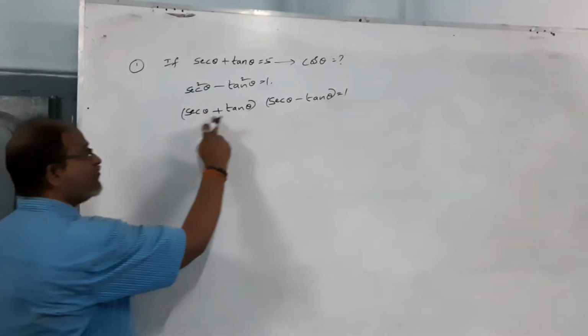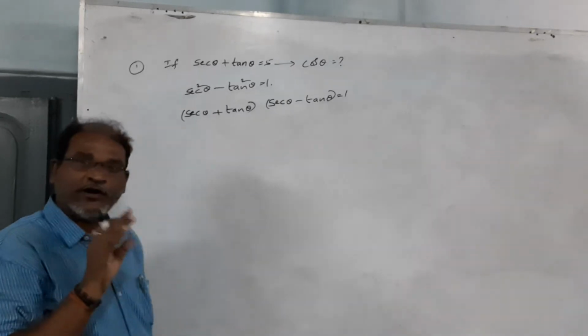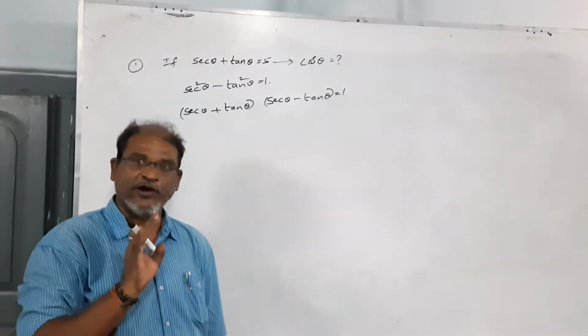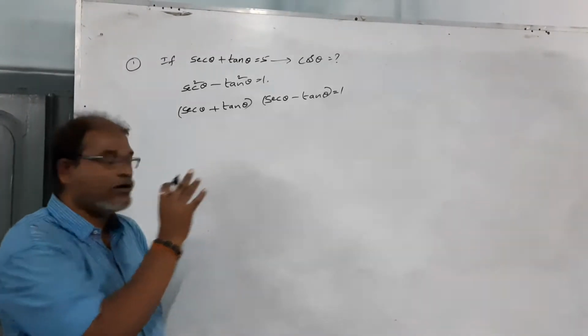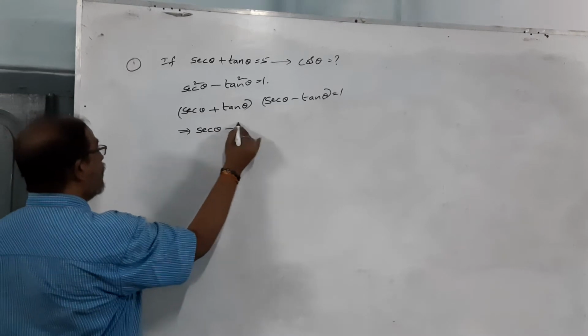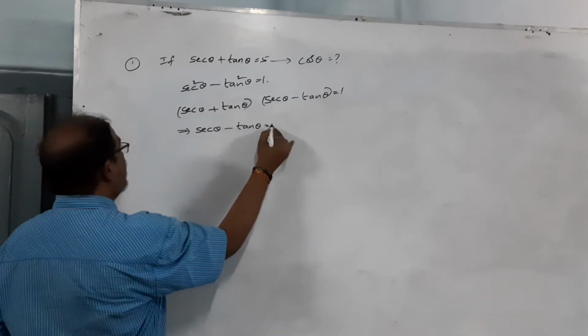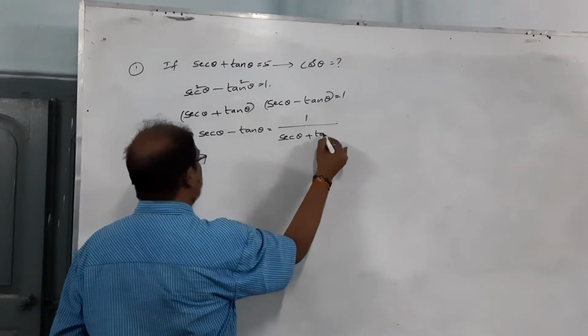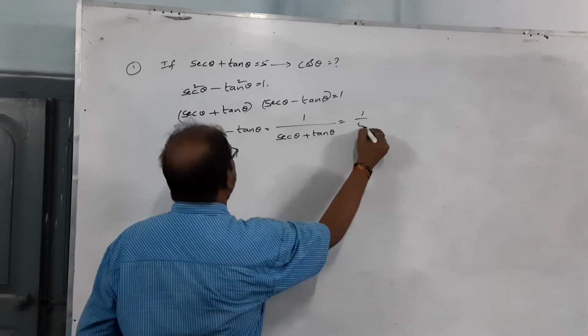This means the product of two numbers equals 1. If the product of two numbers equals 1, they are called reciprocal to each other. Therefore, secant theta minus tan theta equals 1 by secant theta plus tan theta, that means 1 by 5.